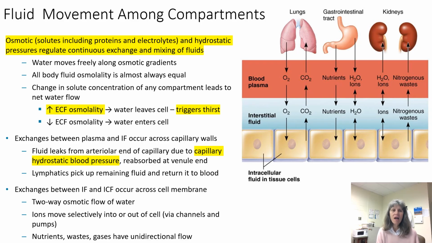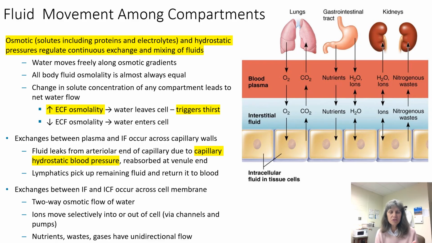Remember that osmotic pressure is pressure generated by solutes, including proteins and electrolytes, whereas hydrostatic pressure is fluid pressure, and usually we refer to hydrostatic pressure as fluid pressure in blood vessels like capillaries or perhaps in arterioles or venules.